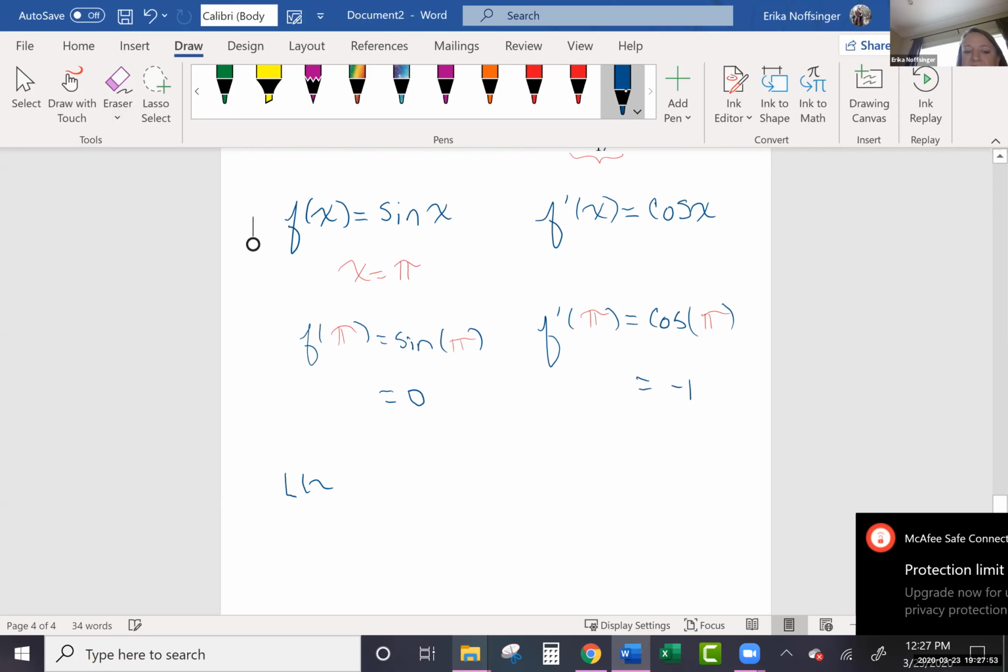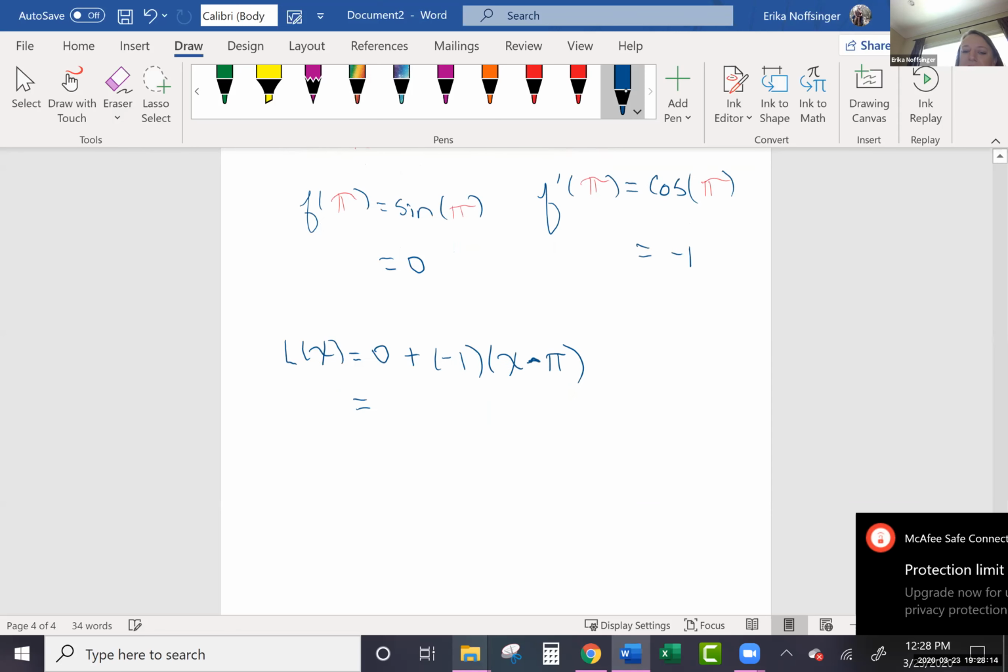So the linearization we're going to use is f of pi, which is 0, plus f prime of pi, which we found to be -1, all times x minus a, which was pi. So this is equal to negative x plus pi. We distribute our -1.